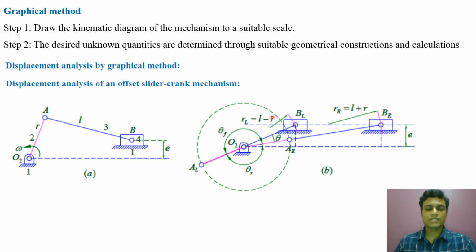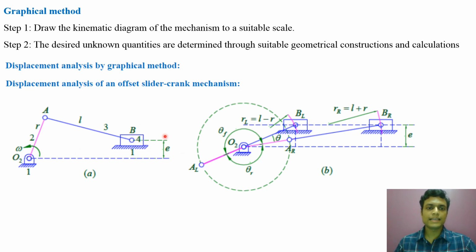So this dotted circle is the trace of point A. Now our objective is to find what is the stroke of this mechanism and what is the quick return. The stroke is the total displacement of the slider, that is the distance between the extreme right position and extreme left position of the slider.